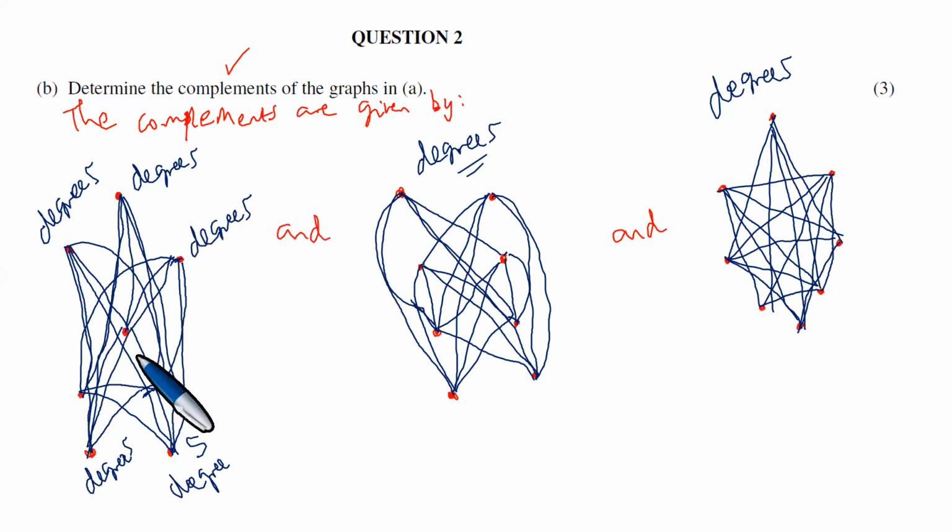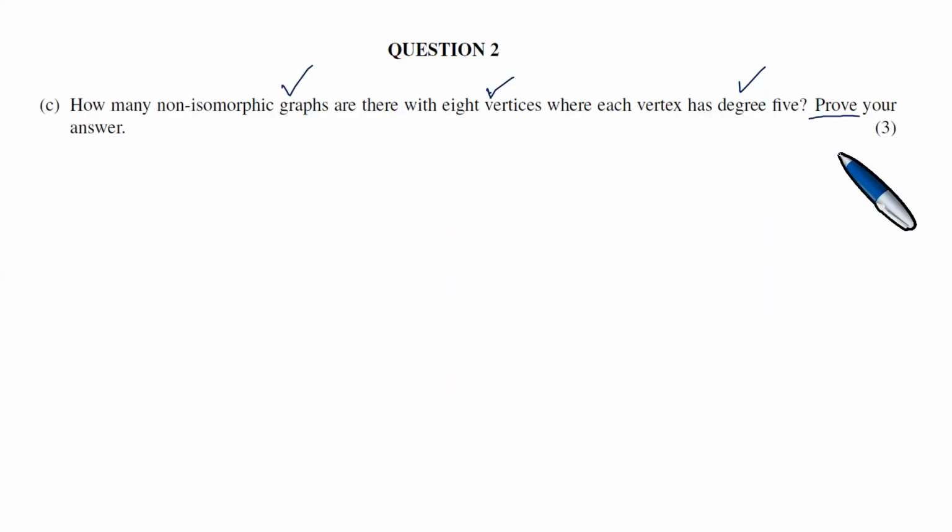Each graph is a graph on 8 vertices, but each vertex has degree 5. Now, if we say prove your answer, this is done in relation to the previous question, because it would take a bit more work to analyze these normally.